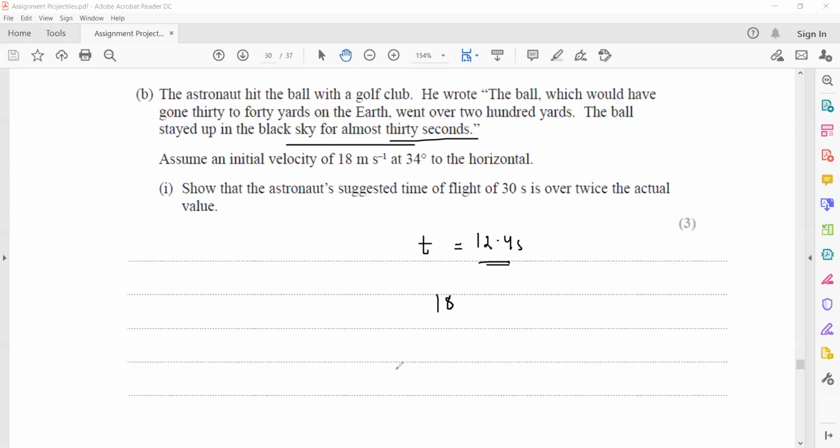So it will be 18 cos 34 multiplied by actual time, which is 12.4. So what is our answer? 18 cos 34 multiplied by 12.4. What's the answer? That's 185 meters.